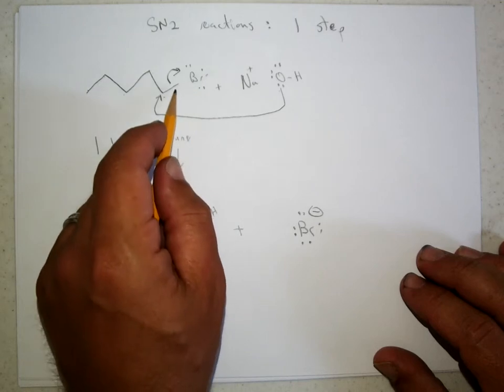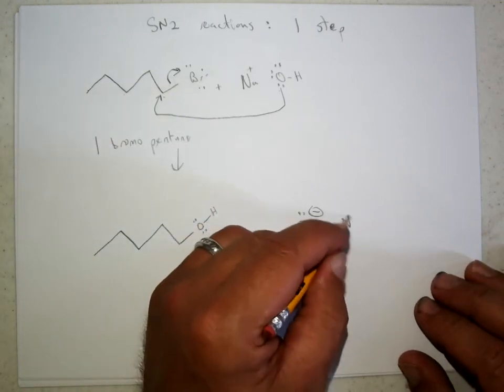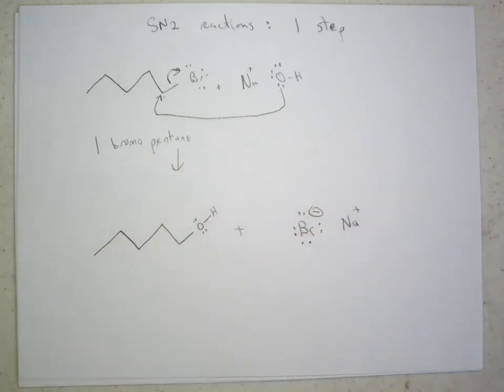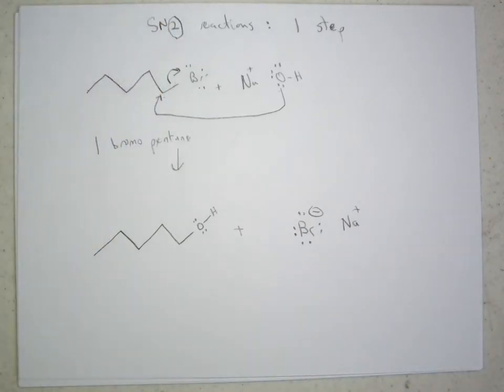Notice how it took its electrons with it, became a bromide, and the sodium plus, which is our spectator, will just hang out with the bromide where it used to hang out with the hydroxide. So that's a nice prototypical SN2 reaction. It's one step. The one step involves 2 molecules, so that's why the 2 is for bimolecular, or 2 molecules are involved in the important step, the only step in this case.